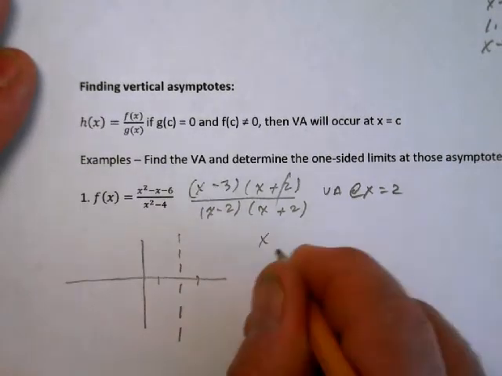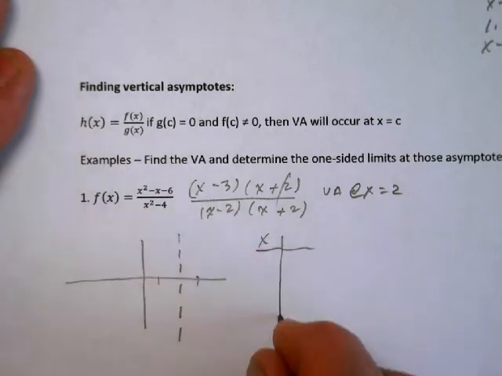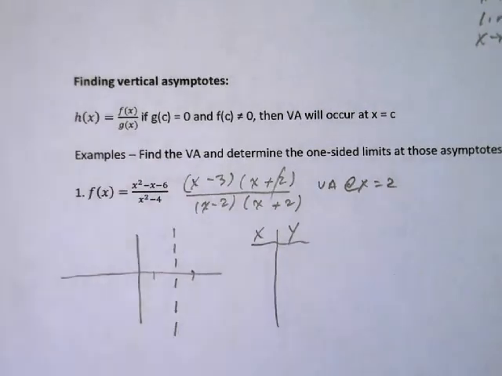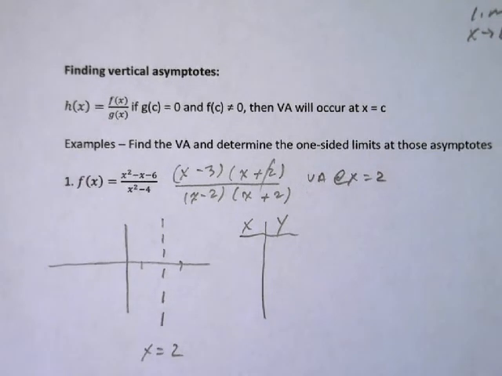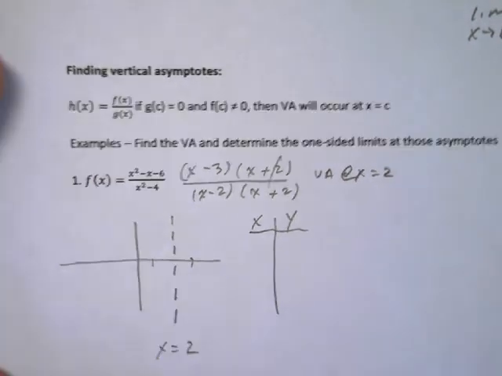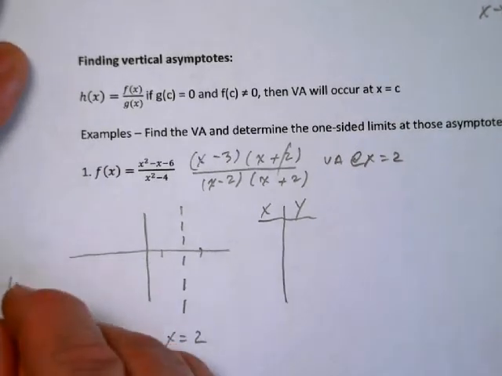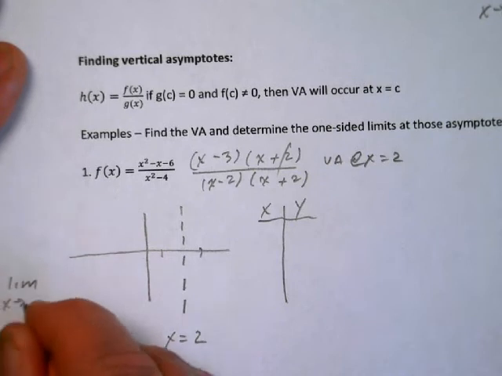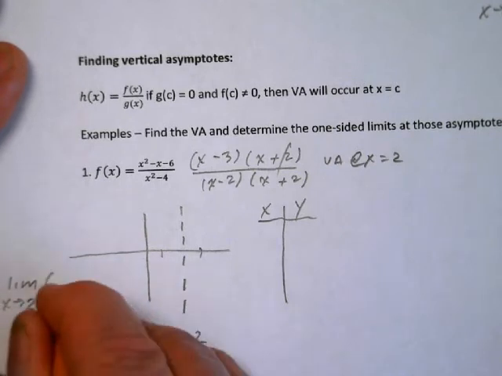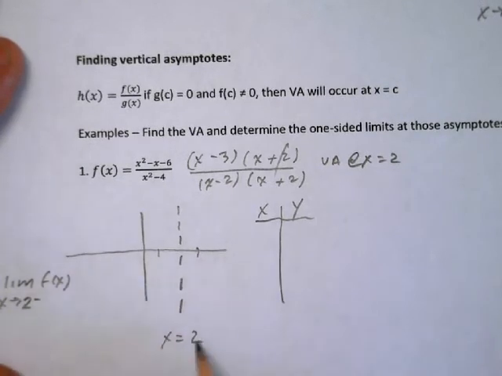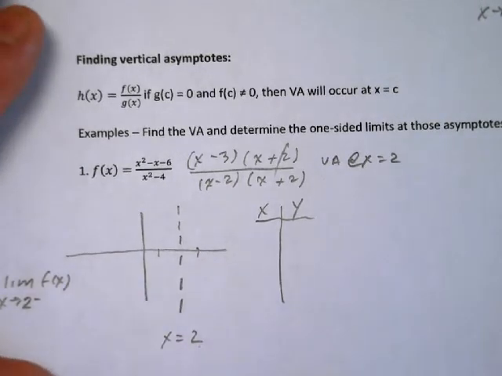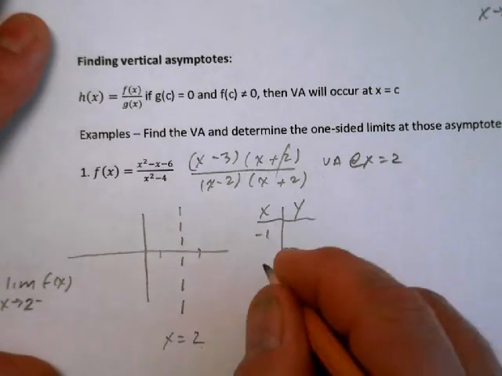Now, what's going to happen when we approach that asymptote? Remember, this is at x equals 2. When we approach that asymptote, first thing I'm going to do is approach it from the left. So what I'm going to do is put in values that approach 2 so I get a sense of what's taking place.